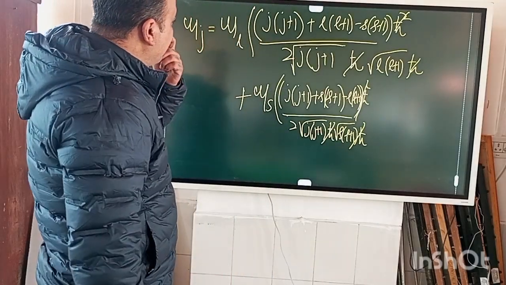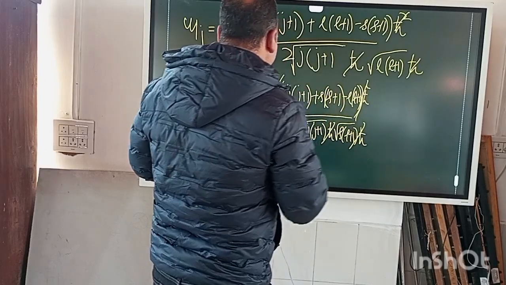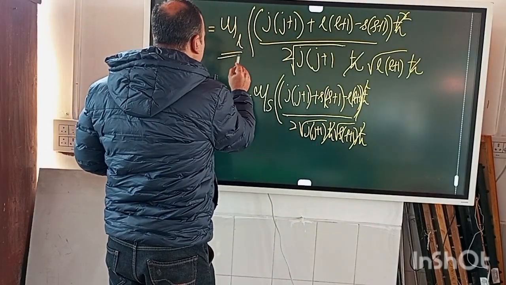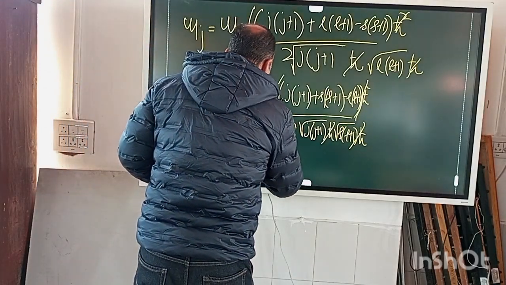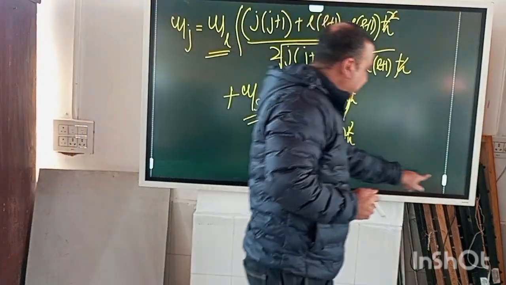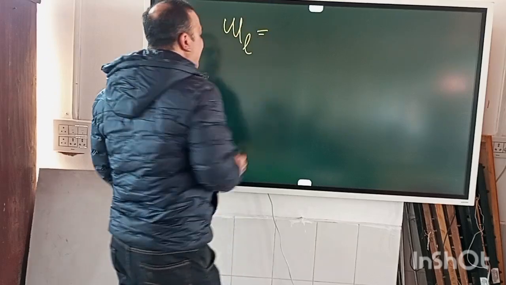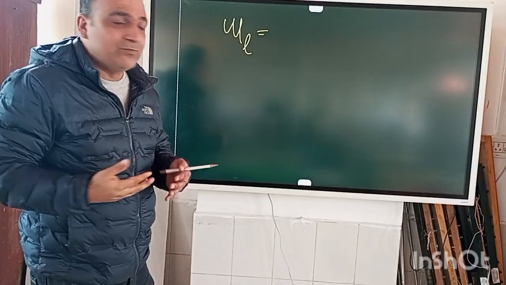Okay, so we have this whole thing, and another important thing here is mu L, and again here we have mu S. Now we understand the value of mu L, the relation between the magnetic moment due to orbital motion of the electron and the orbital angular momentum.